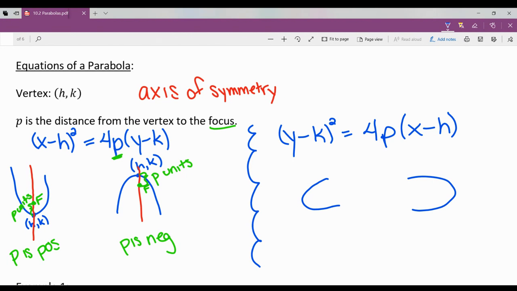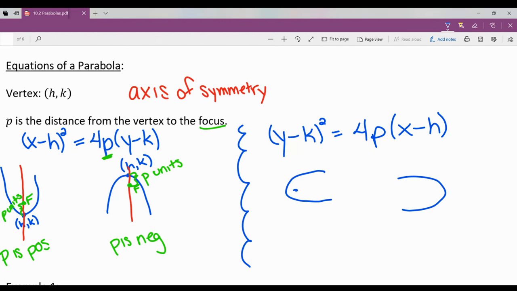I'm going to rewrite that one because it looks a little weird. That's better. I missed my vertex completely there. There's my vertex, my (h, k).